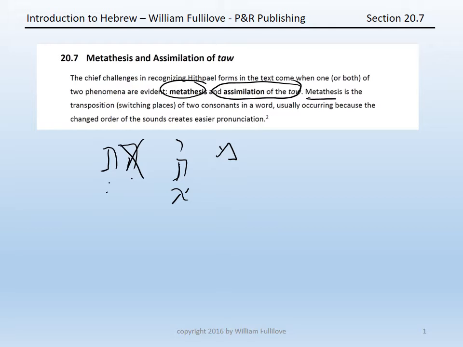The assimilation of tav is when a tav, instead of having its own sound, becomes absorbed into the next consonant, doubling that sound. So just as we have talked often about the assimilation of noon, in certain circumstances in the hit pa'el, a tav can assimilate to the following consonant.